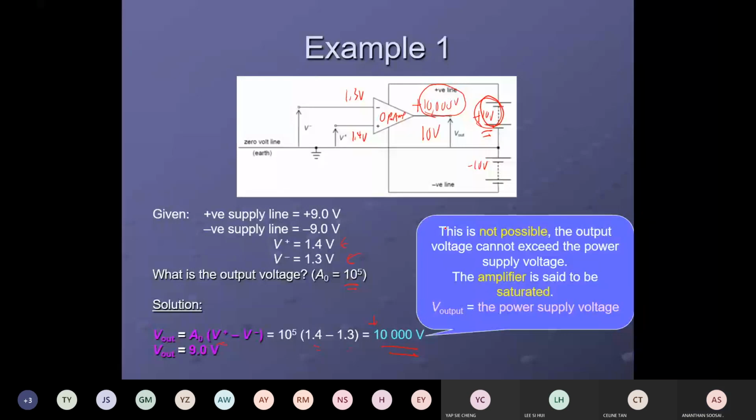You can't produce 10,000 volt from the power supply. The output voltage cannot exceed the power supply voltage. In this situation the amplifier is said to be saturated, so the output will be the maximum power supply voltage. If you give positive 10, it will be positive 10 volt.